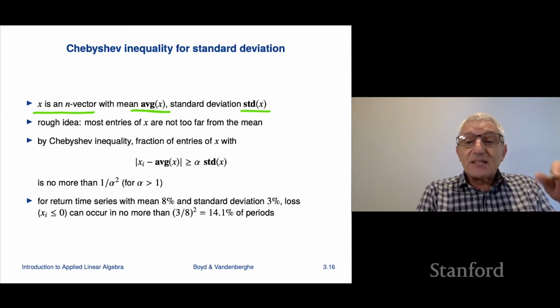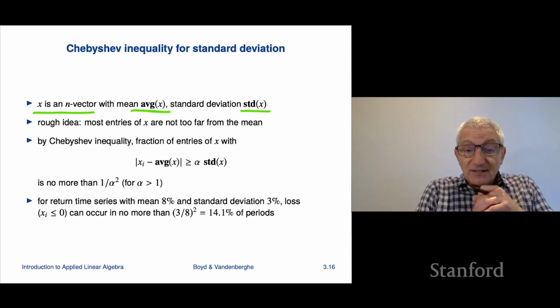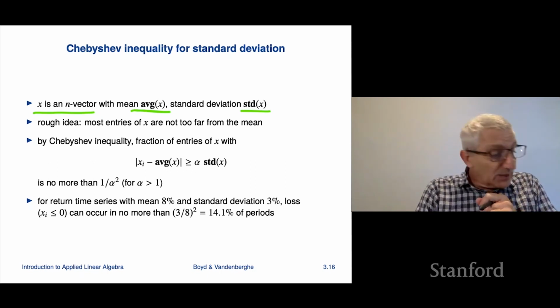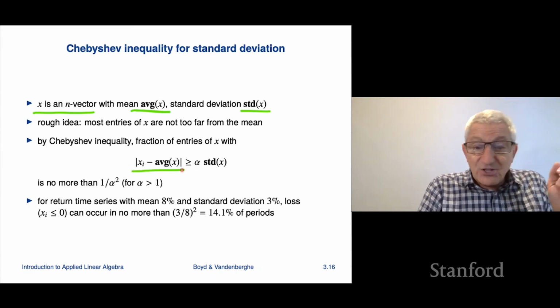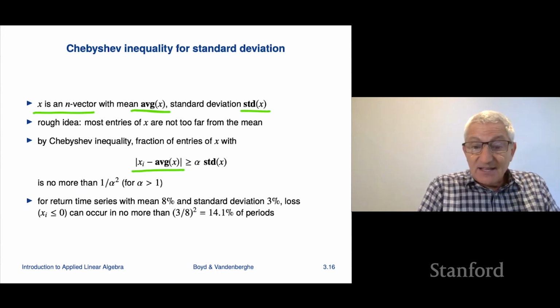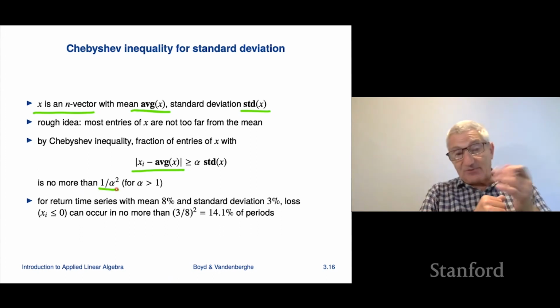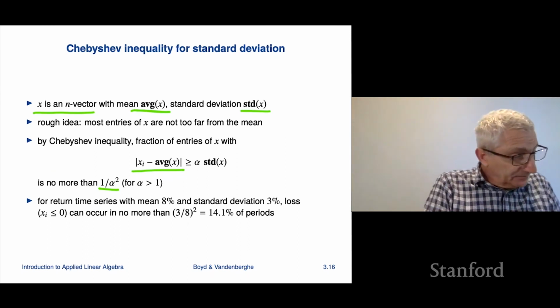The standard deviation tells you how much the entries are above and below the average. So what this says is, the fraction of the entries that are away from the average by alpha standard deviations is no more than 1 over alpha squared. That's for alpha bigger than 1. It holds for alpha less than 1, but it's not interesting.